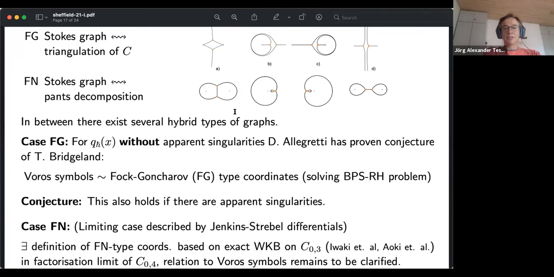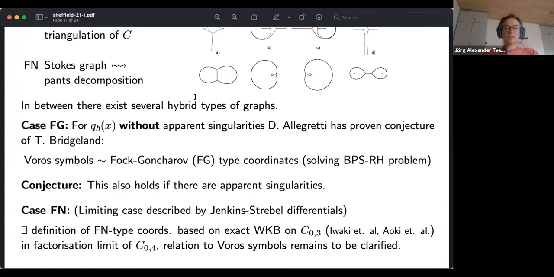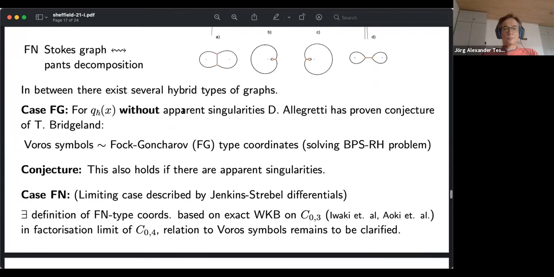So this naturally defines cycles on the Riemann surface, and these cycles naturally define a Pants decomposition. So these types of graphs naturally define Pants decompositions, and no wonder we will claim they will be related to Fenchel-Nielsen type coordinates, which are also naturally associated with Pants decompositions.